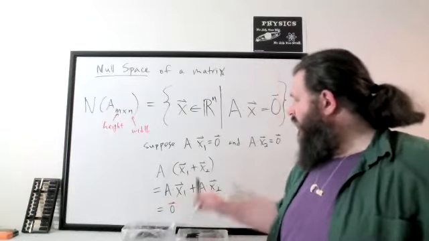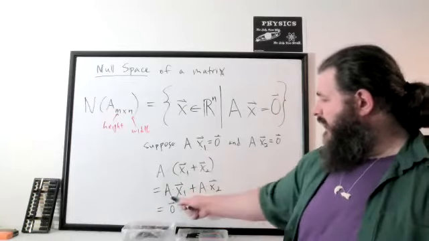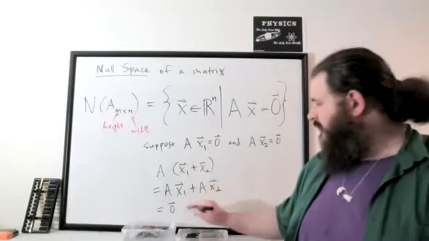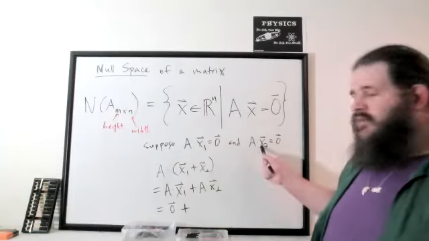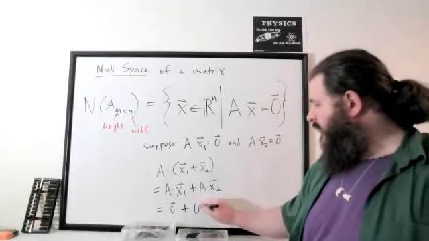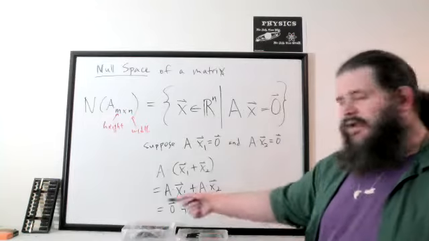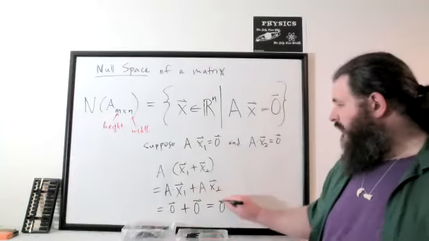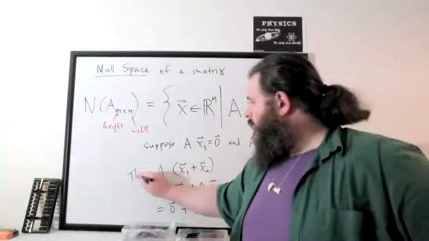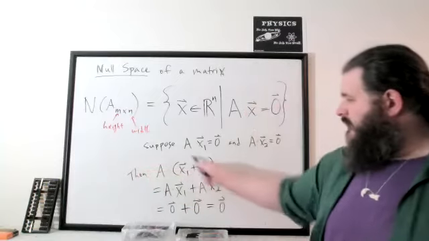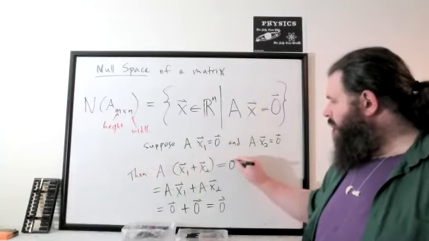Exactly. Since x1 was a member of the null space, that means A times x1 is 0 by definition. We were assuming x2 is a member of the null space, so A times x2 is 0 by definition. And 0 vector plus 0 vector is still the 0 vector. So it looks like A times the summation is also 0.